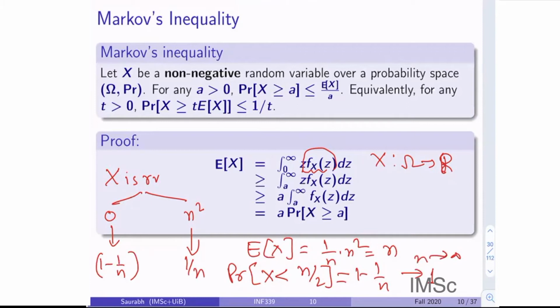If I had asked, what is the probability that X is strictly less than n by 2, it is 1 minus 1 by n, right? So hoping that Markov will give you a two-sided inequality is almost impossible.